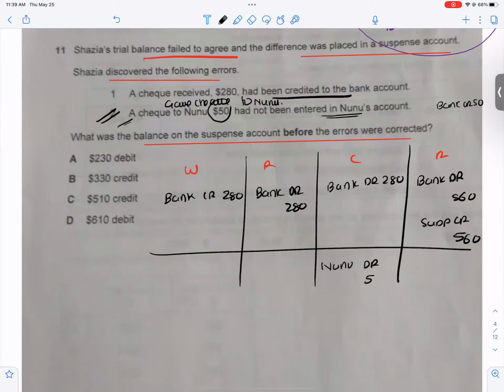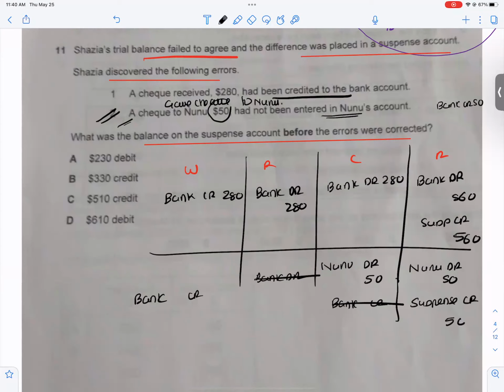But I did not enter it in Nunu's account. The correct entry is Nunu debit, bank credit. I only did bank credit. So the rectification entry would be Nunu debit, suspense credit.